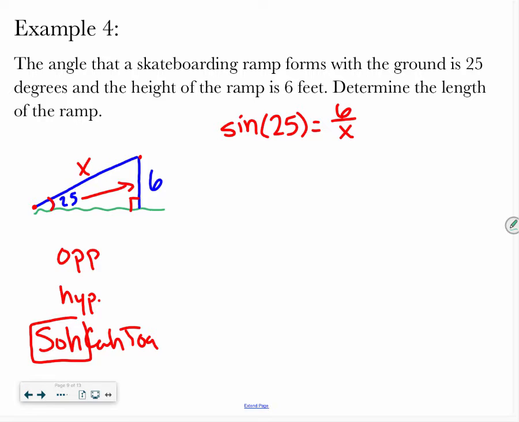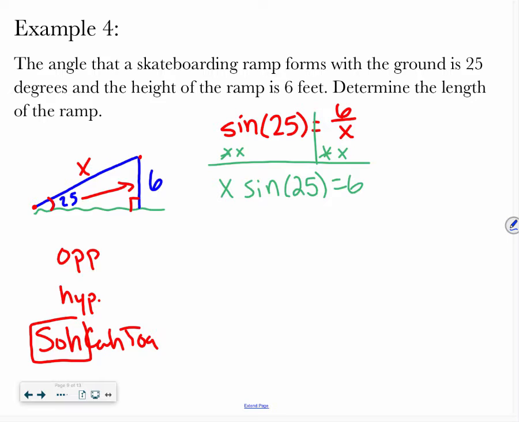So just like we were doing before, with a variable, if we had x over 6, we would just multiply the other side by 6. We're going to do the same thing. I want to get x by itself, but first I want to get it out of the denominator. So I'm going to multiply both sides by x. So I have x sine of 25 equals 6.